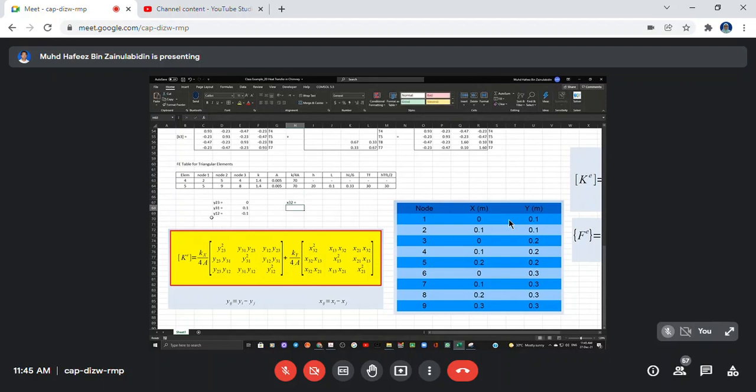Here we have y31, we should have x13 here. We have y12, we should have x21 here. Only 3 numbers. We have 3 set here and 3 set here.